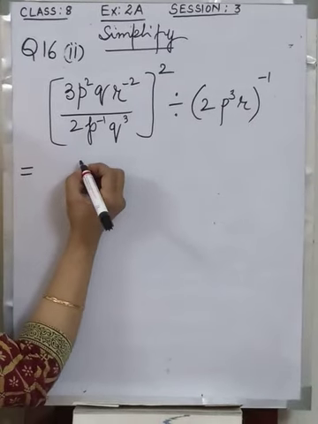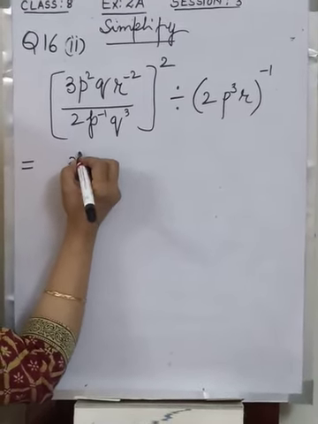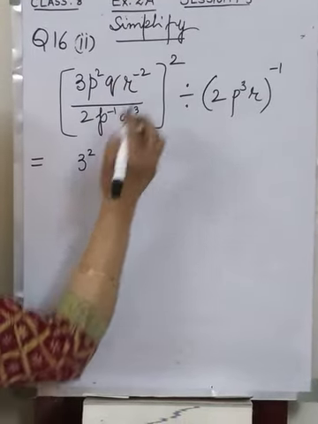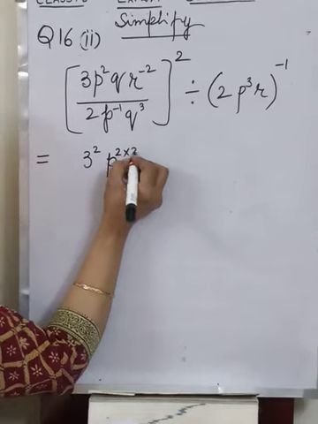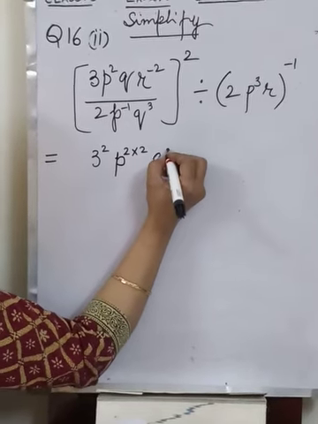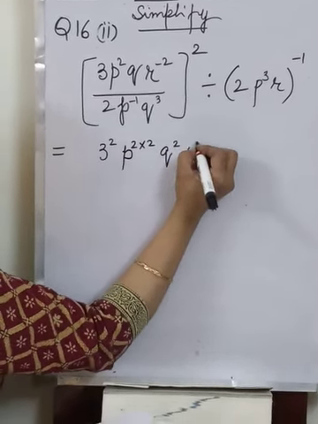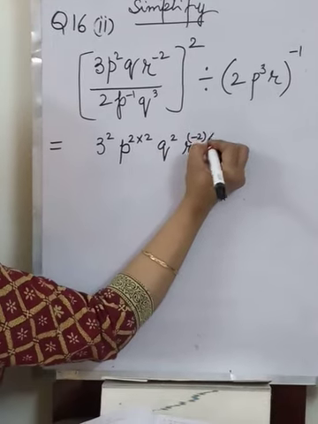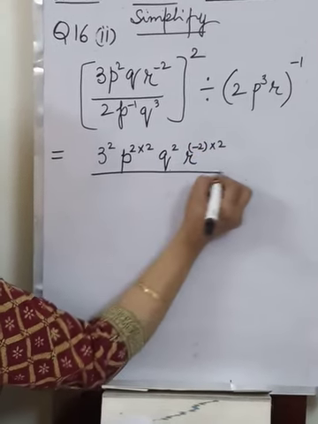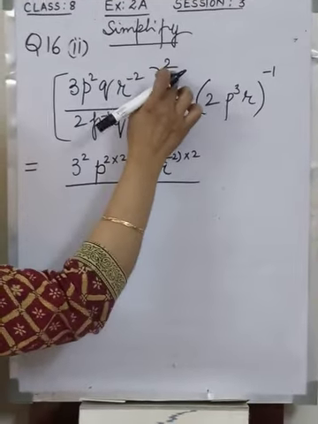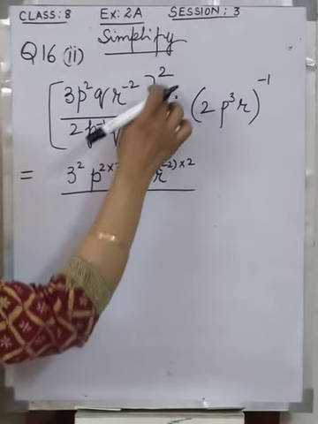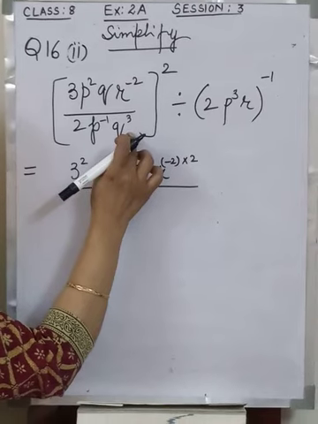So 3 has power 2. We have power on power, so the powers get multiplied. So 3 to the power 2, p to the power 2 into 2, q to the power 2, r to the power minus 2 into 2. As this power 2 is with the whole, this power 2 goes with the numerator as well as the denominator.